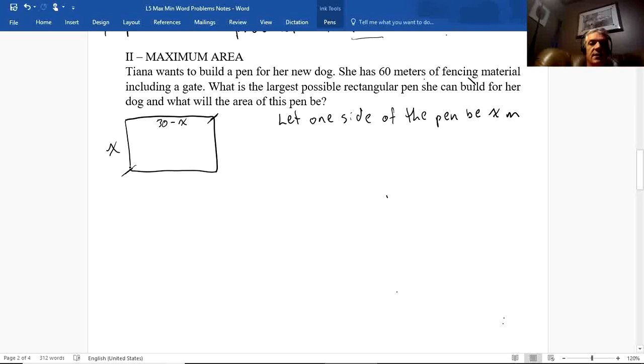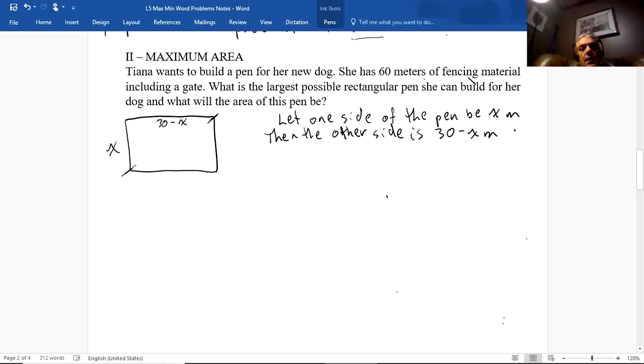If we chose this side to be 8 meters, then this side would have to be 22 meters, and so forth, okay? And that would give us our other side. And so I often say, then the other side is 30 minus X meters, okay? And that gives us our two sides.